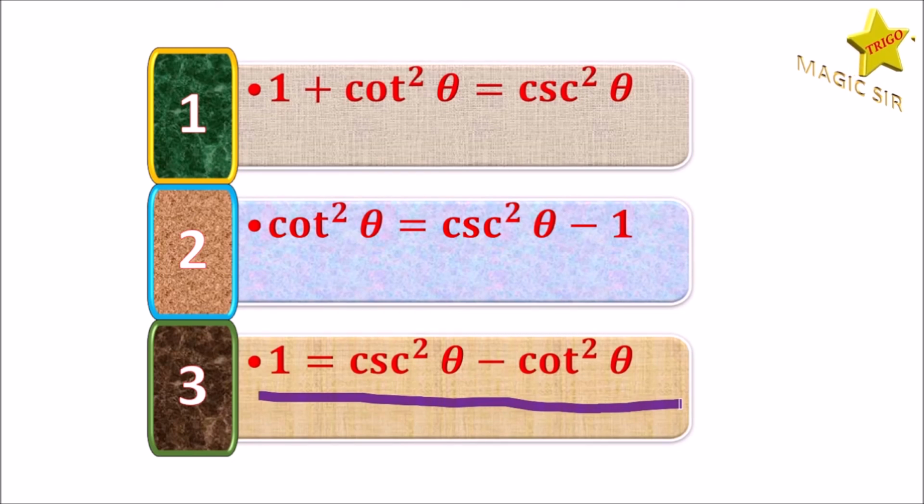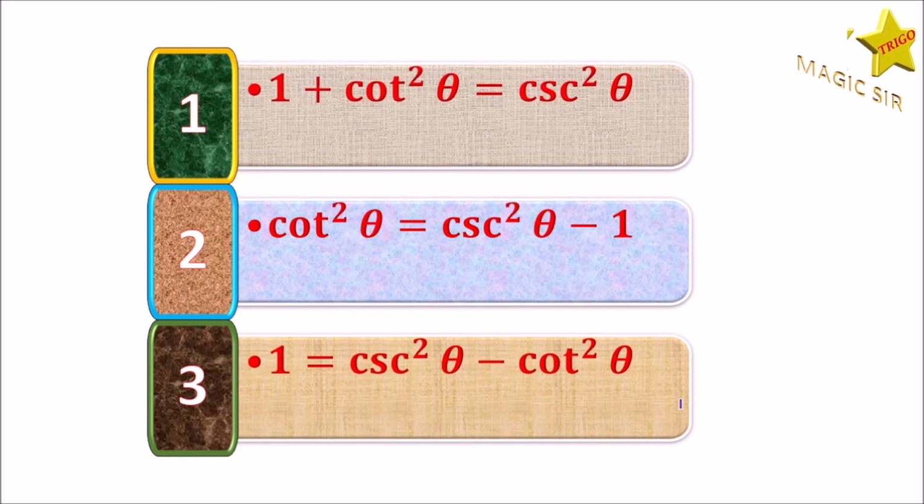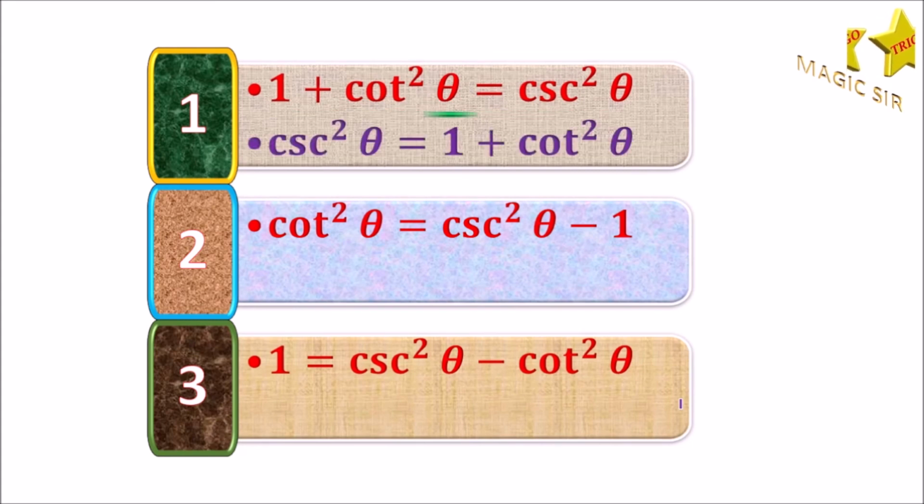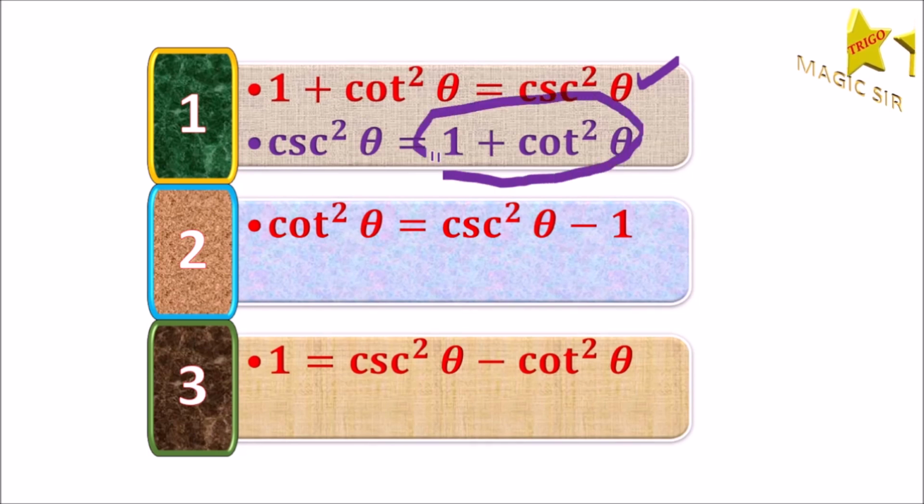Sometimes we will use these formulas from the right hand side to the left hand side. Here 1 plus cot square theta equal to cosec square theta, see the animation. So we can write 1 plus cot square theta in place of cosec square theta.